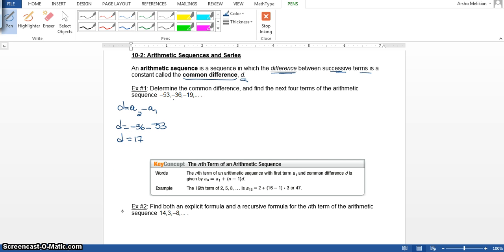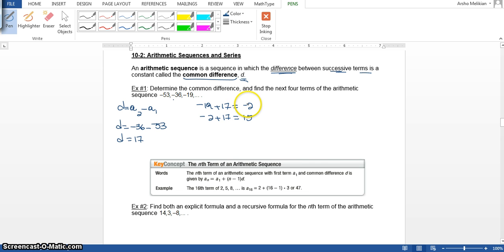Now, to find the next 4 terms, all I have to do is add 17 to each of the terms. So we have negative 19 plus 17. That gives us negative 2. And then we add 17 to that.